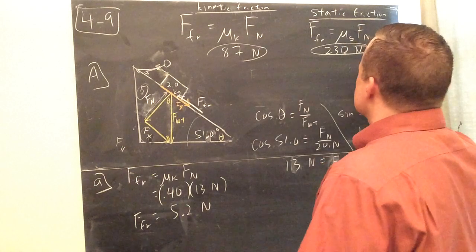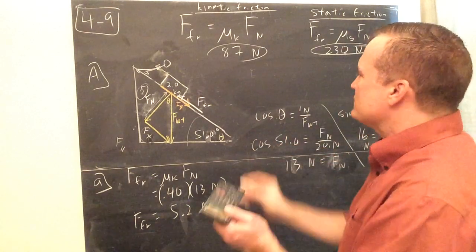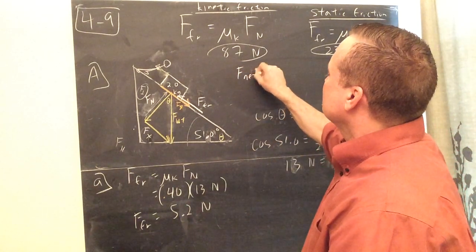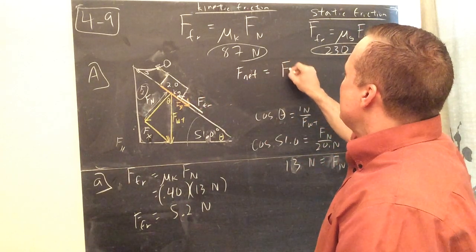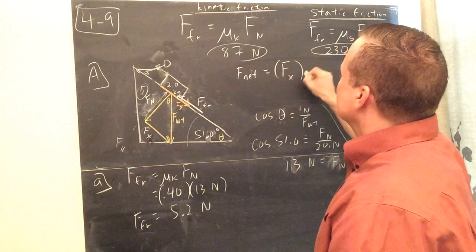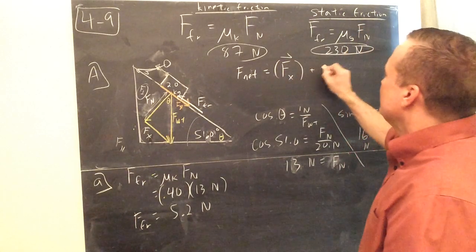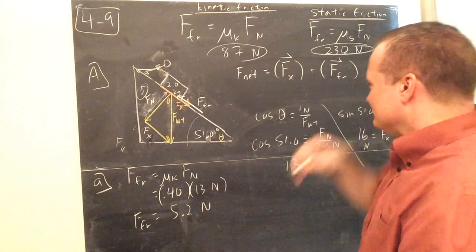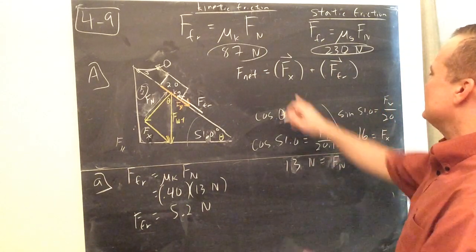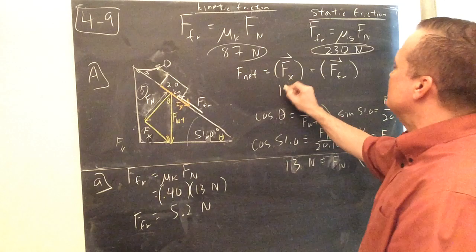So here's how it works. To make a net force equation, the net force on the box will equal Fx, whatever it is, positive or negative, plus the friction force, which we know is negative. All right? So let's put in Fx is 16 newtons.